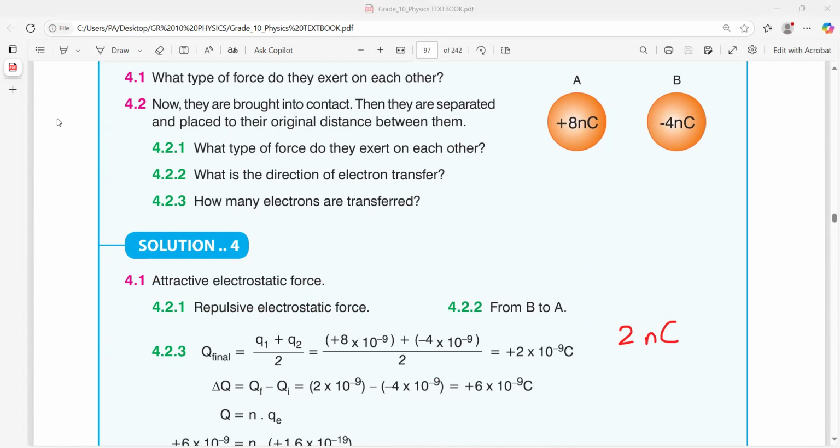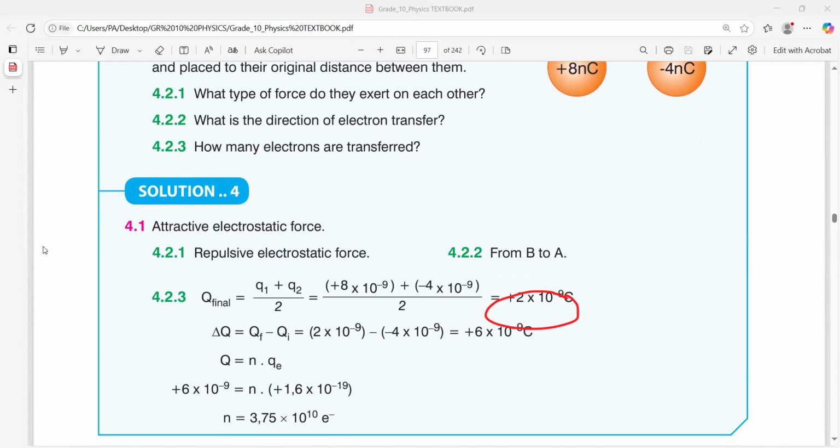Okay. Next question. Direction of electron transfer is, of course, from B to A, because B is negative 4 and A is positive 4. So electrons are moving from B to A. Next question, calculate the number of electrons transferred.